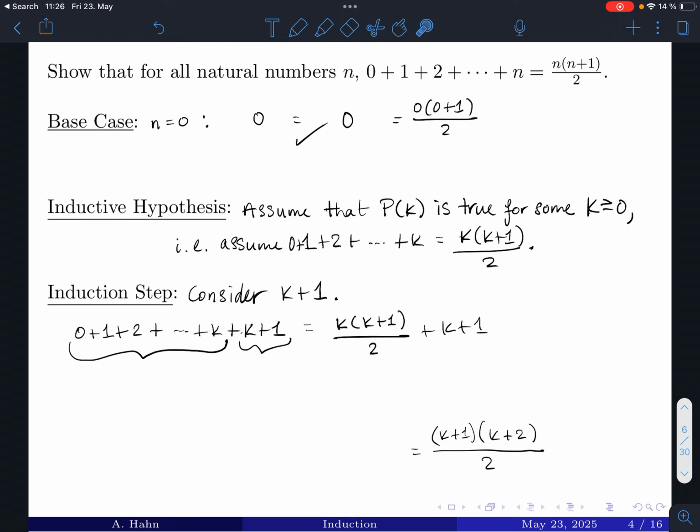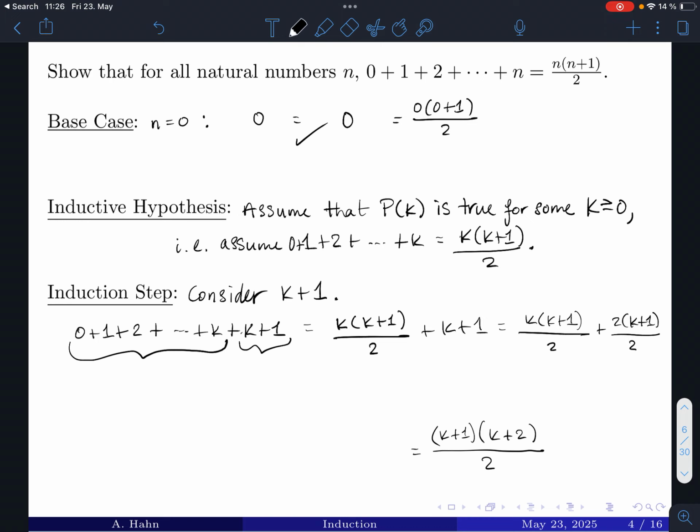Okay, now we want to add these two things together. When we add two fractions together, they need to have the same denominator. So we need to put a 2 on the bottom here. Let's multiply by 2 on the top and the bottom to get the same denominator. So this is going to be k times k plus 1 divided by 2 plus 2 times k plus 1 divided by 2.